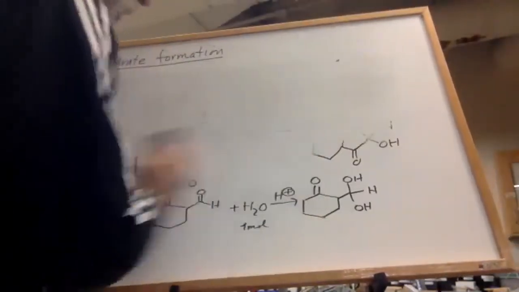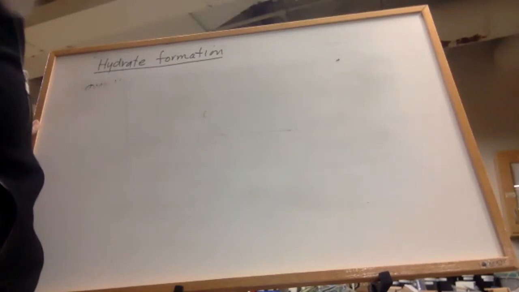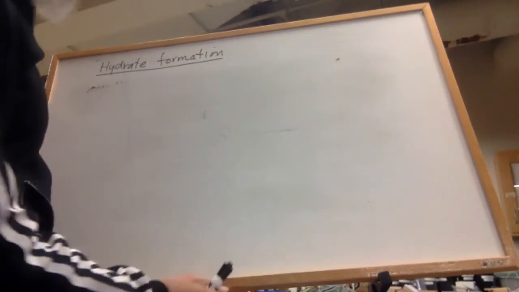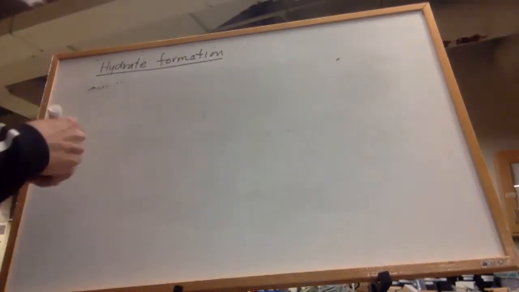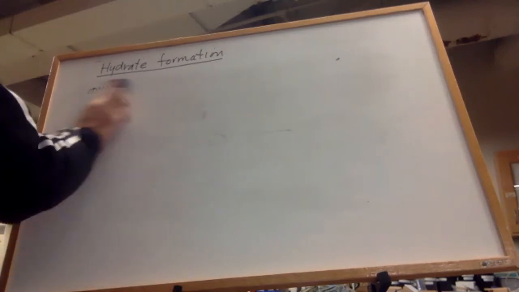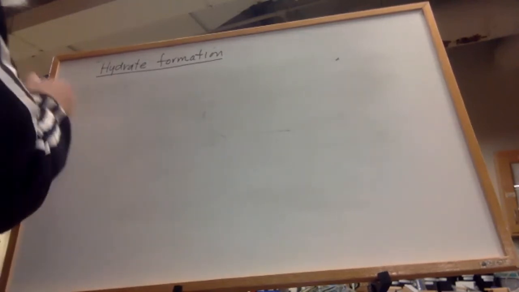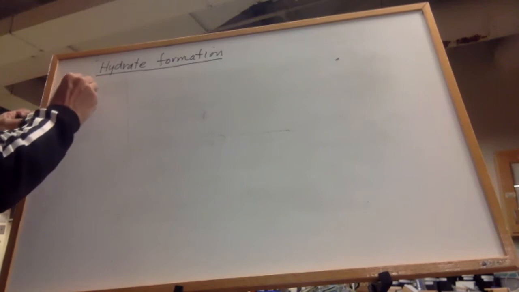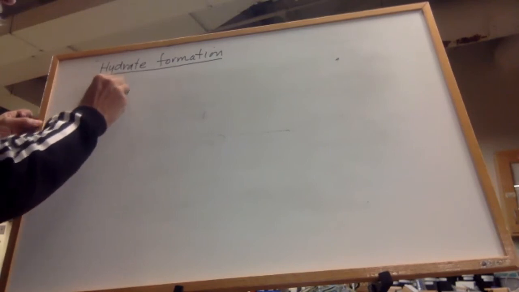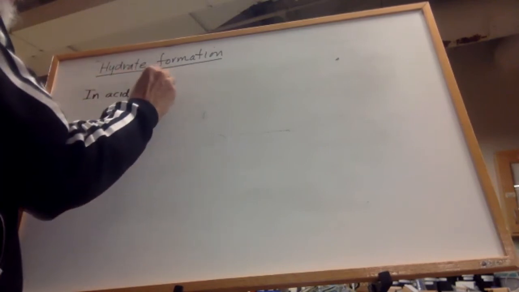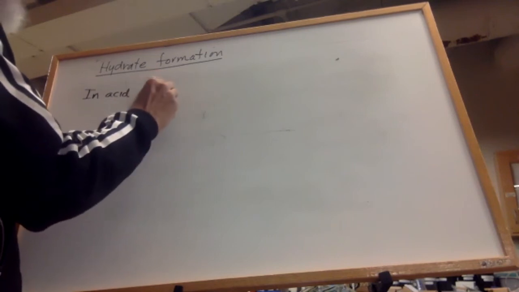Okay, so now let's talk about mechanism. How is it that the hydrate forms? And so this is your first big important mechanism. Let's talk about the mechanism in acid. There's the aldehyde or the ketone.